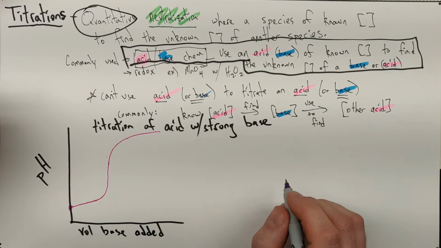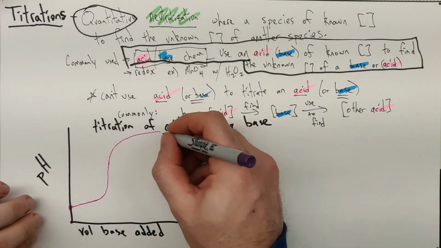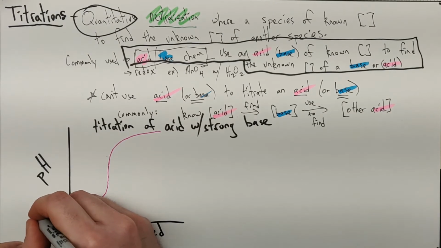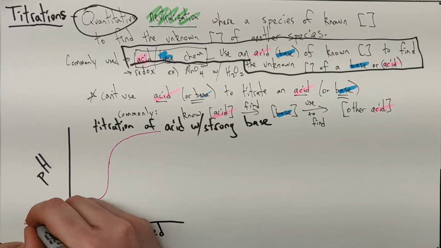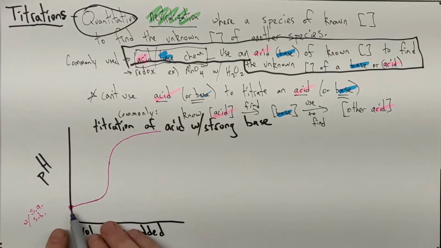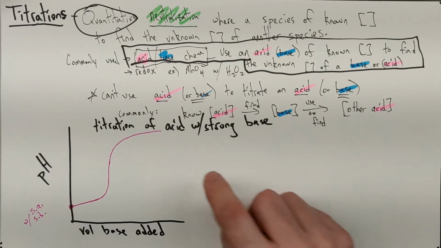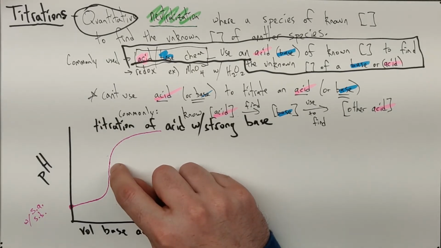So that's your typical strong acid with strong base. This purple line is going to be our strong acid with strong base. Again, you start out with a low pH, it jumps up like that. Now, a very important note here is that right in the middle is what we call the equivalence point, and that's a vocabulary term we're going to have to come up with.